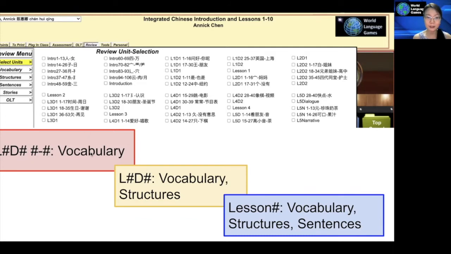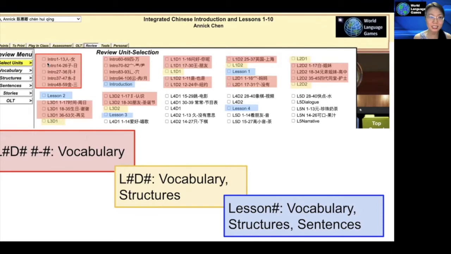And after they practice their vocabulary, they will be able to practice the structures, which means the grammar points. And then after they have a good understanding about the vocabulary and grammar, they will be able to practice with their sentences. Okay, so now let's take a look how I organize them in the next slide.